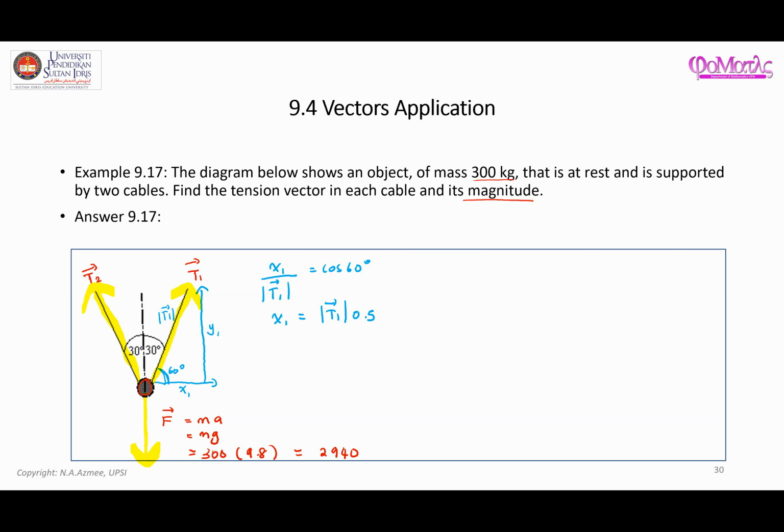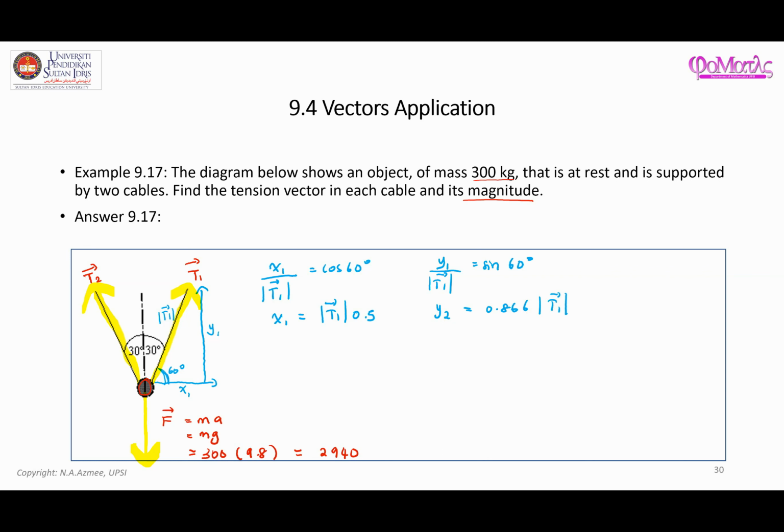Next we will be looking at the second part, which is finding the value of y1, the next component, which is component y. So y1 over the magnitude of vector t1 is equal to sine 60 degrees. Therefore we can say that y1 is equal to sine 60 degrees, which is 0.866, about that value, times the magnitude of vector t1.